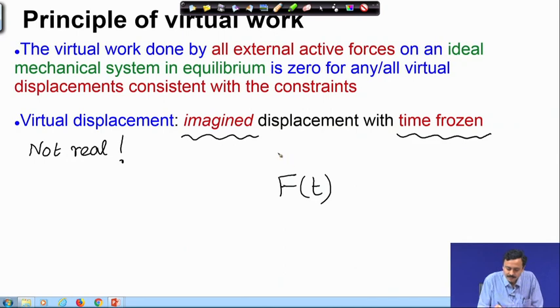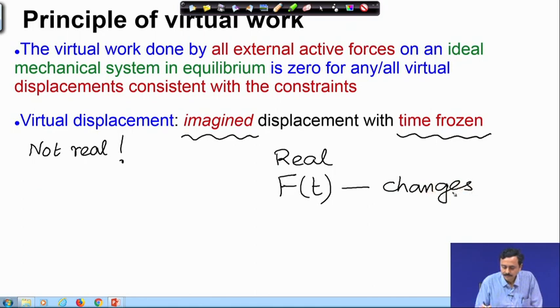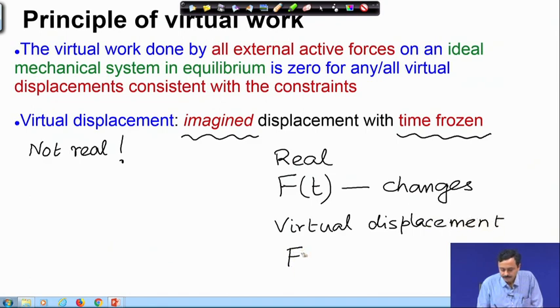So, for real displacement the force is going to change, but for a virtual displacement F will be fixed for that specific instant of time at which we are looking at the equilibrium.